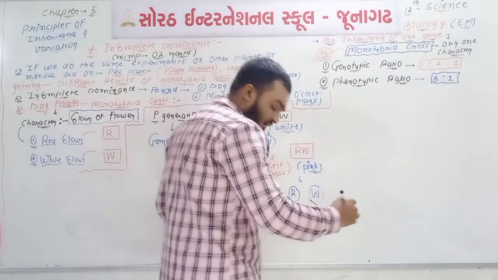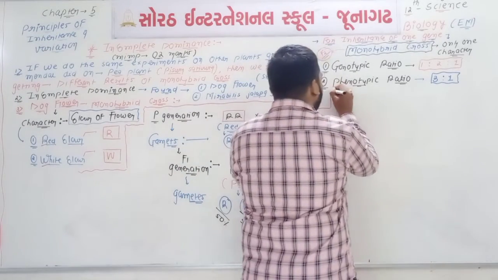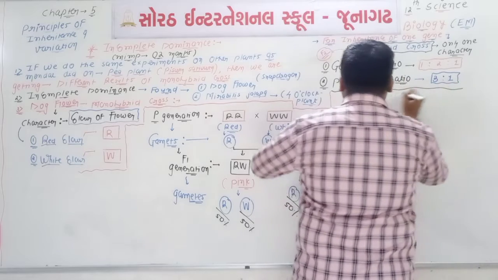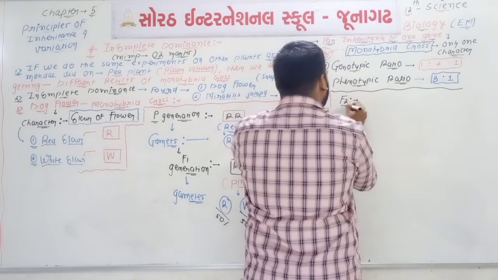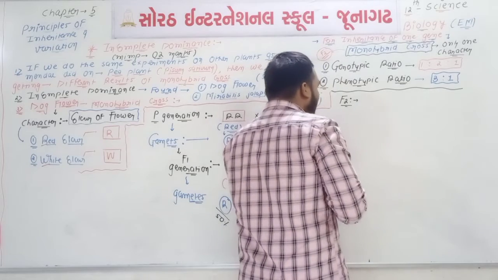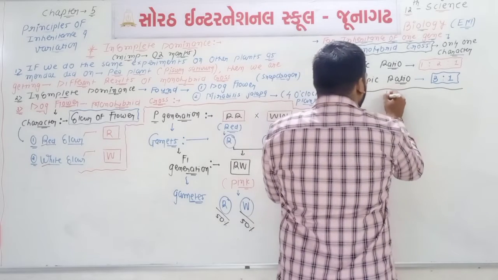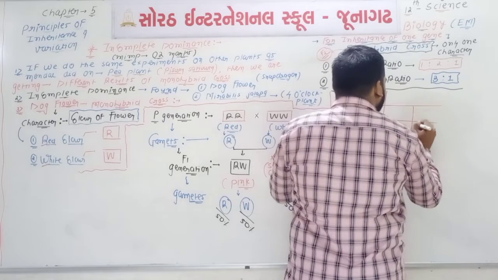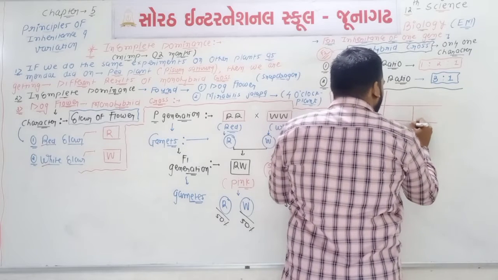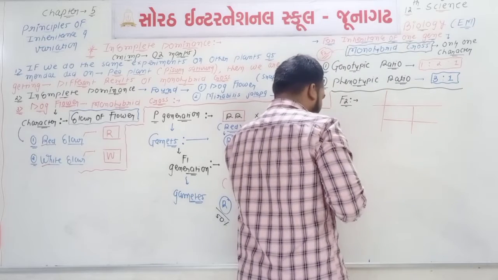Now if we write the F2 generation, everyone see here, we are going to use the Punnett square. So using the Punnett square, you know that with the help of Punnett square we are able to get the possible genotypes.